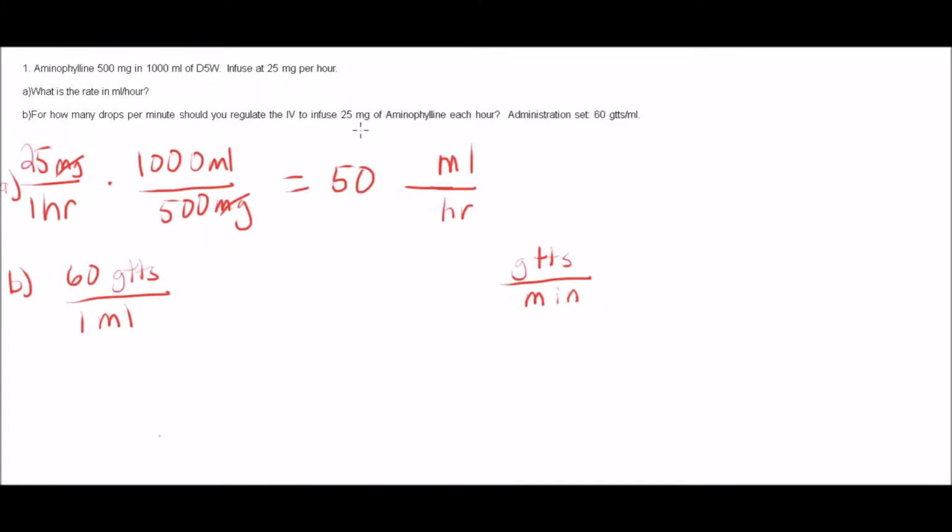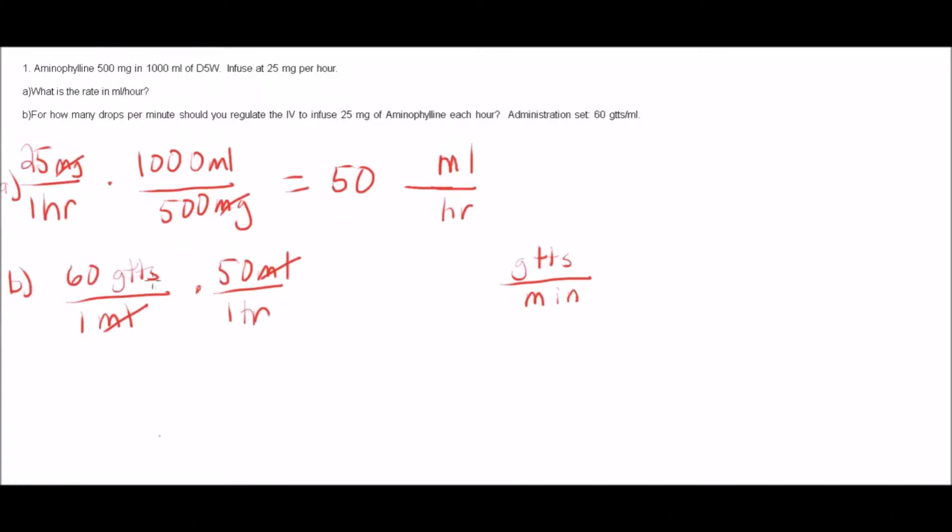So we know from part one that we've already converted 25 milligrams per hour to milliliters per hour, so it's 50 milliliters per hour. So we can multiply this, 50 milliliters per 1 hour. Now these milliliters cancel.